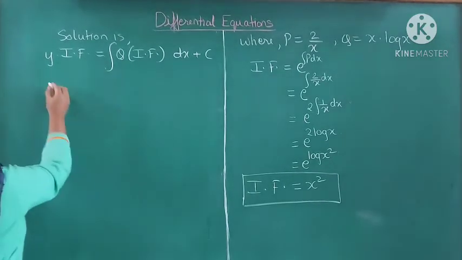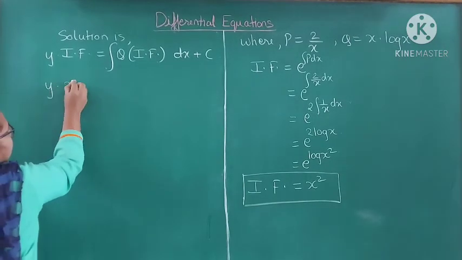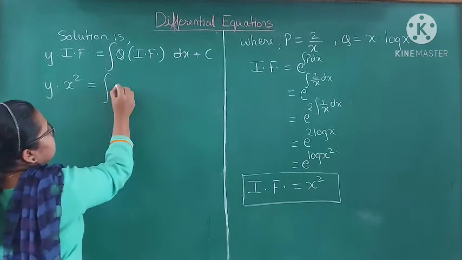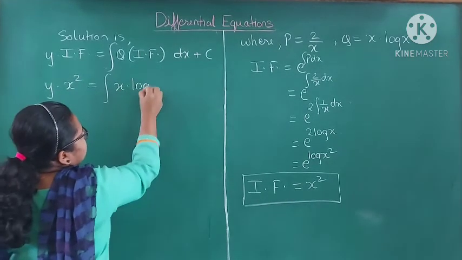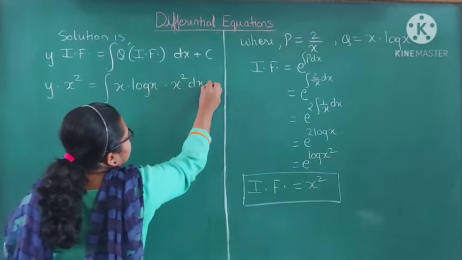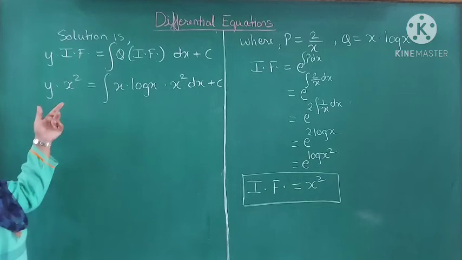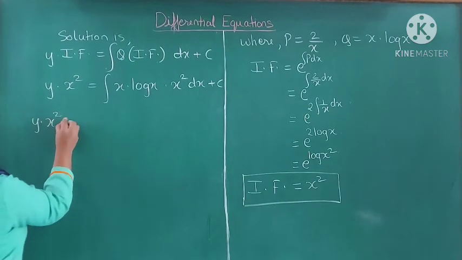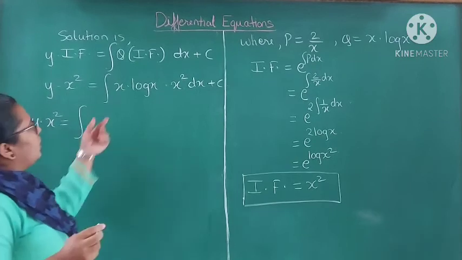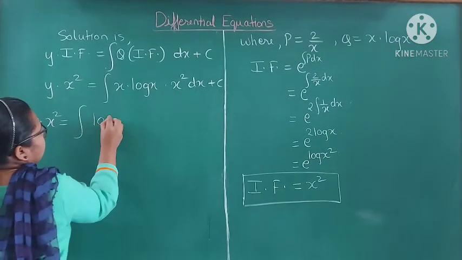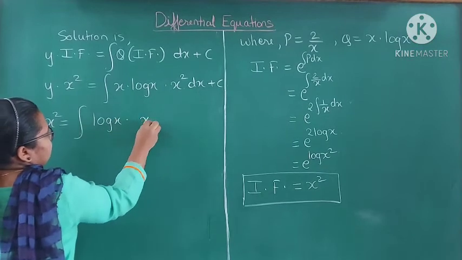So we will substitute the integrating factor. y into x square is equal to the integration of q, which is x into log x, into the integrating factor x square, dx plus c. So this is the solved part, we will keep it as it is. y into x square is equal to the integration of x into x square, which is x cube, so log of x into x cube.